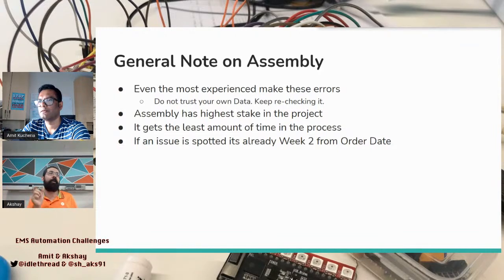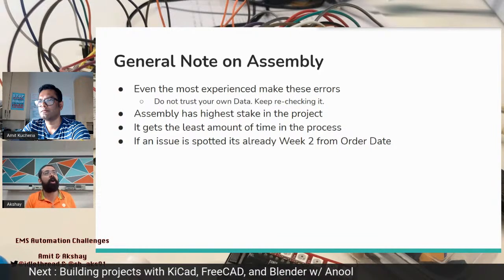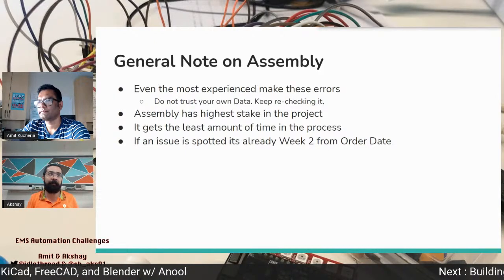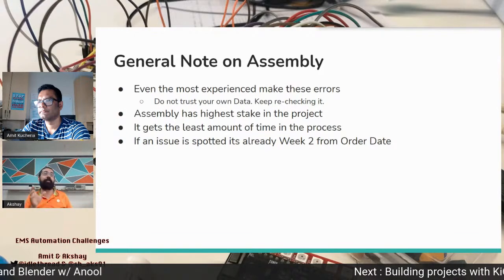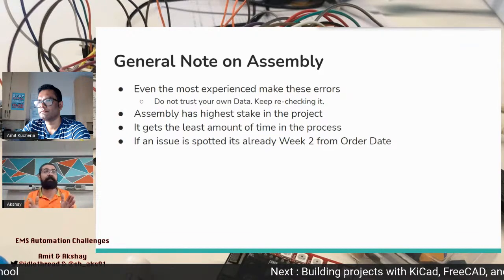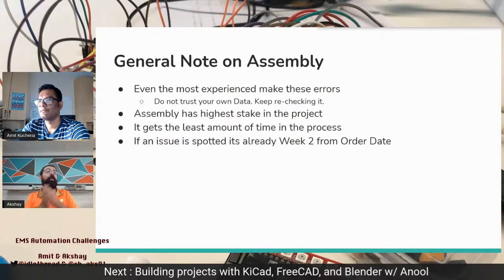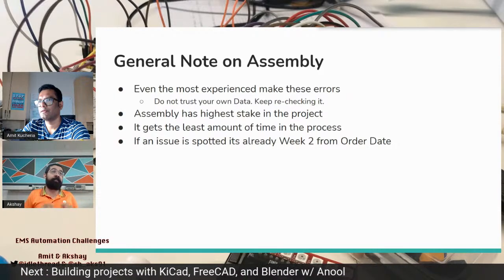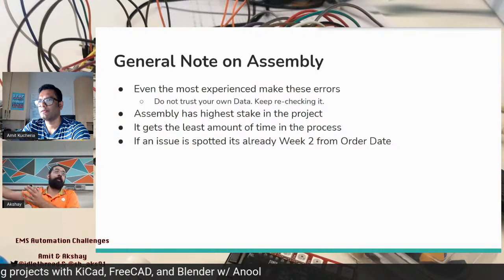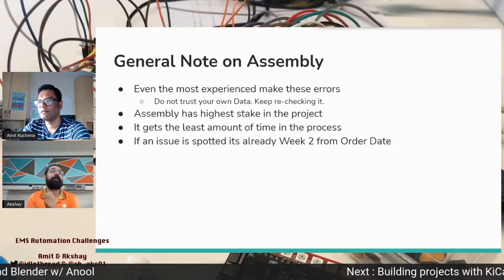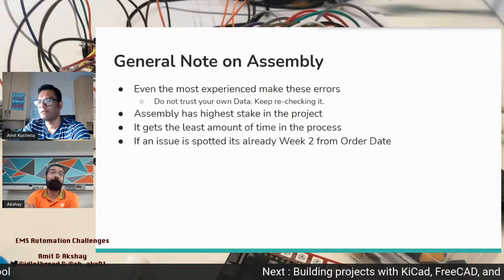So if a fault is figured out in assembly, you have already lost about 2 to 3 weeks in your time. So if you're going to have something manufactured in 3 weeks, you have an issue at week 2, and if you have to go back to box 0, you're adding 3 more weeks to your whole timeline. So make sure your assembly data is always right.